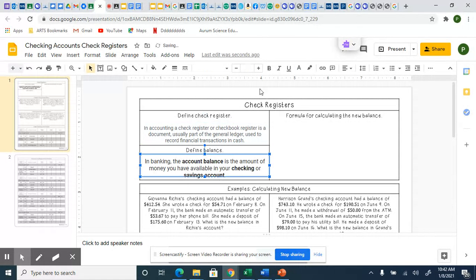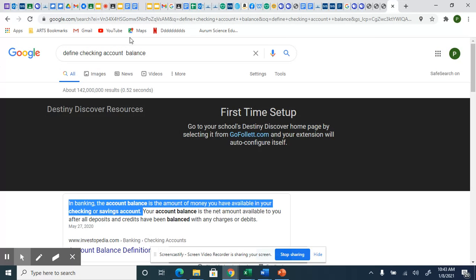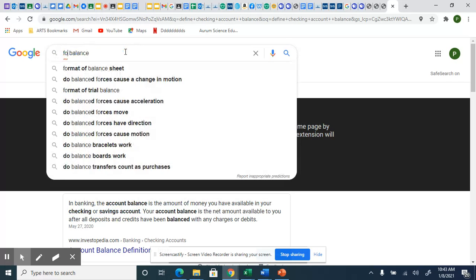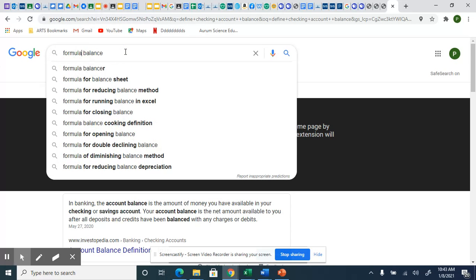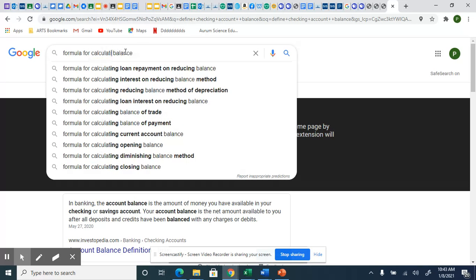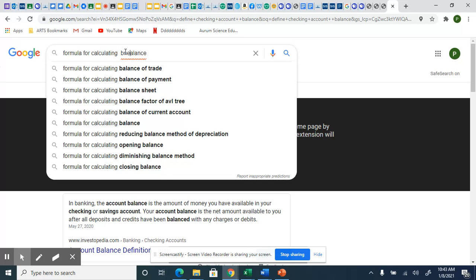All right. Formula for calculating. Let's see if they have it. Calculating new.